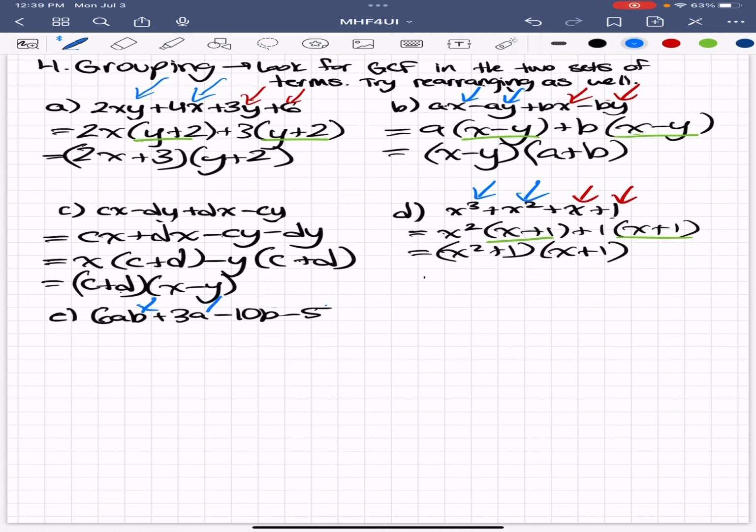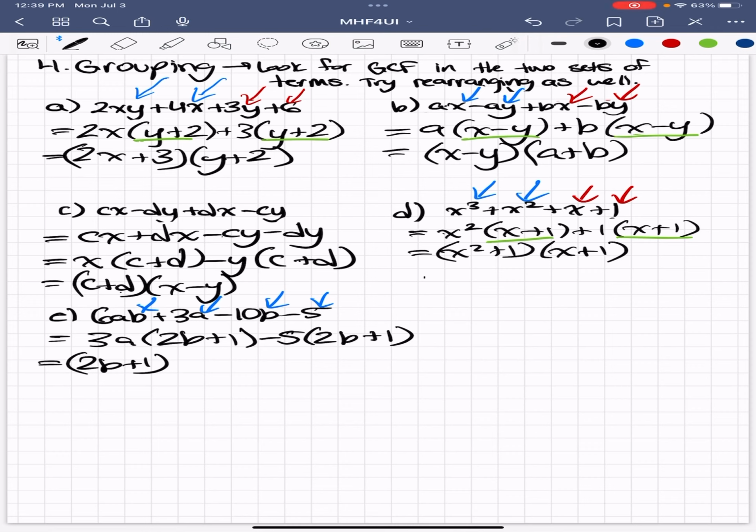So a common factor of 3a and a common factor of -5. And as you can see, both these factors are the same. It's been done in red.